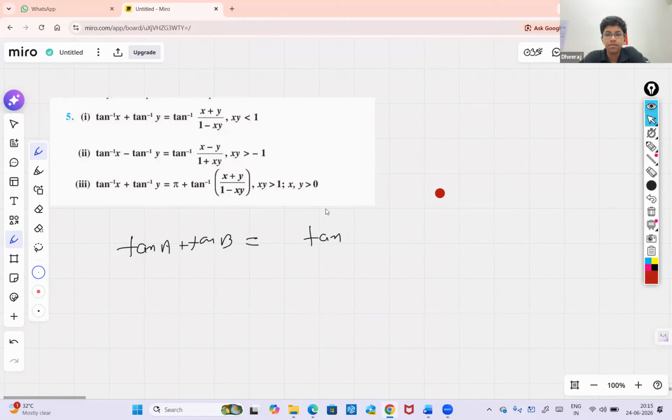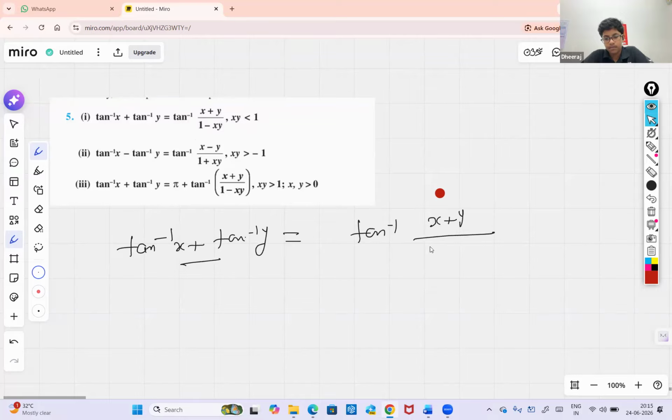I'm just going with the inverse. Tan inverse x plus tan inverse y is equal to tan inverse of (x plus y) divided by (1 minus xy). This is your first property.